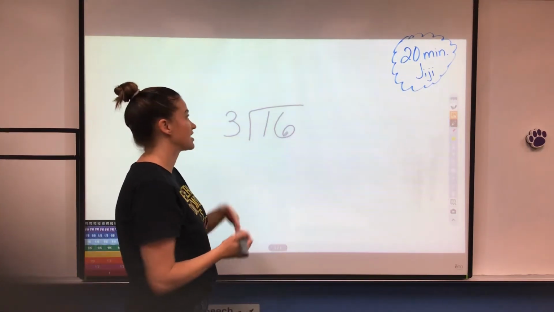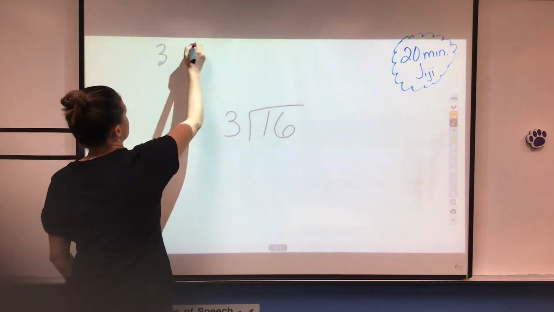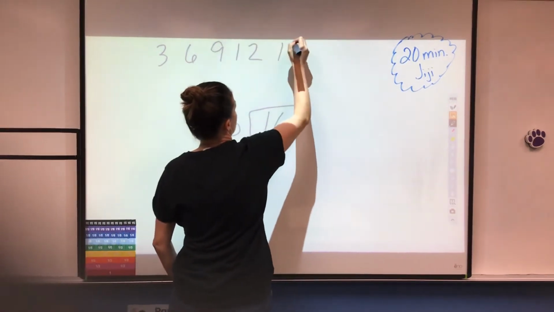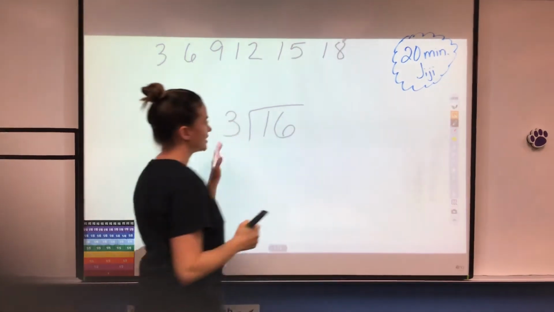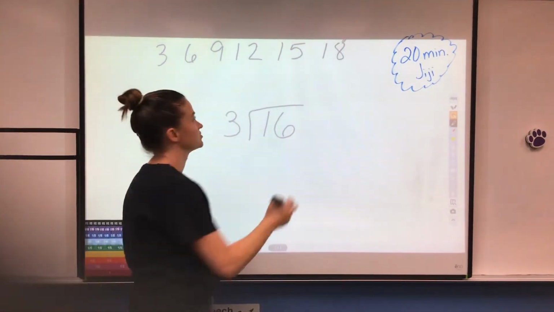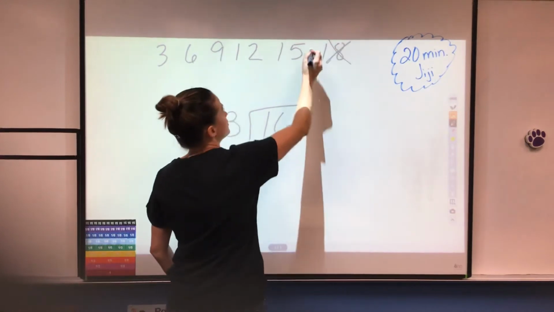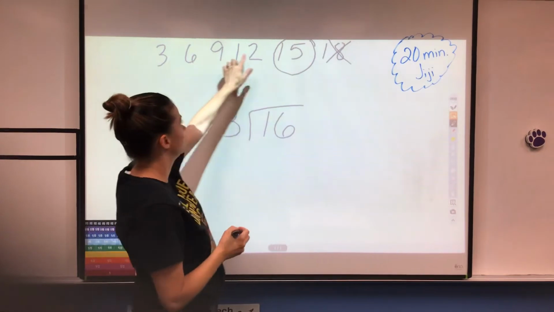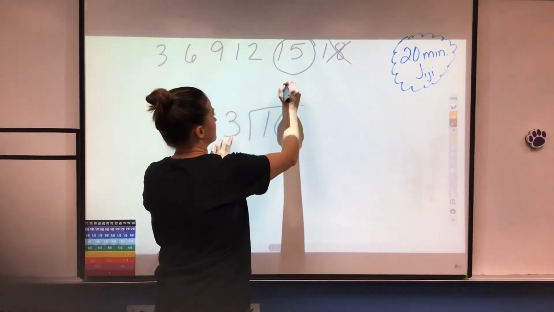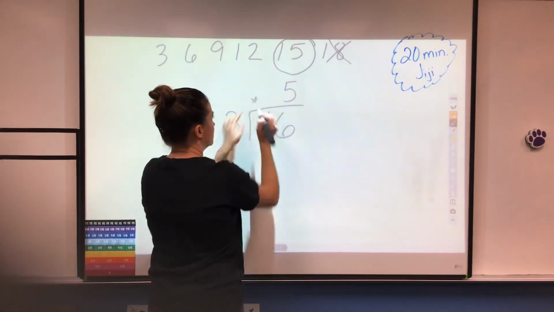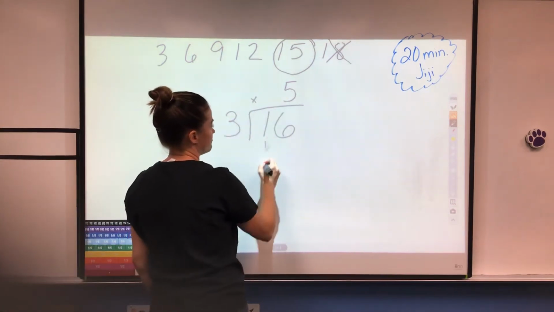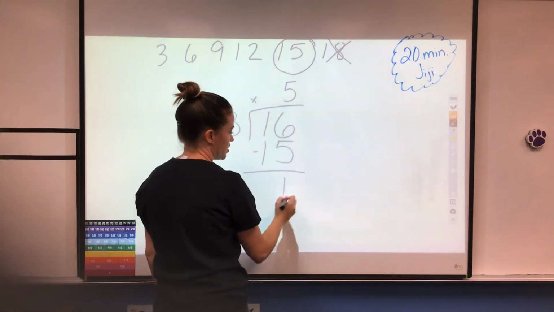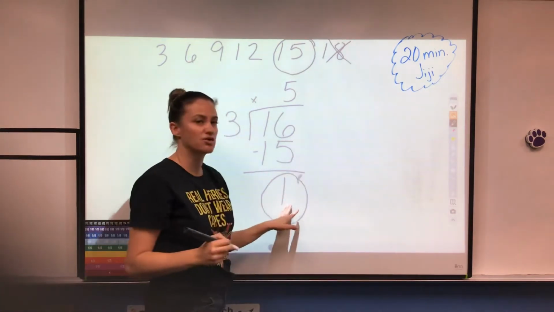I can't go over 16, so I can't go as high as 18, so I would look at going to 15. And that was 1, 2, 3, 4, 5. So 3 times 5 would be 15. So I'm going to put my 15 here. 16 minus 15 is 1. So that's how many I have left over, is 1.